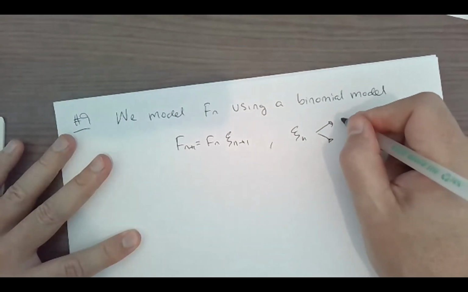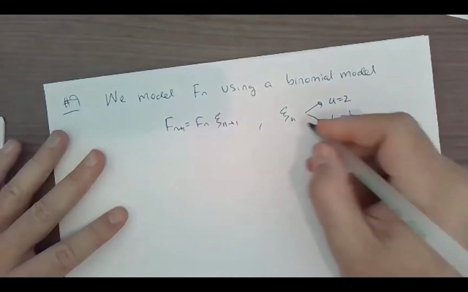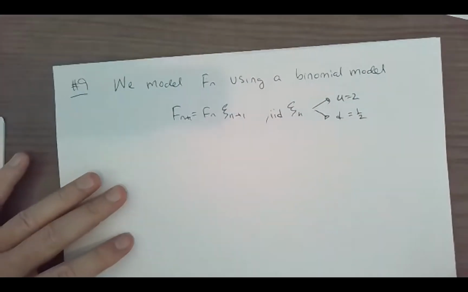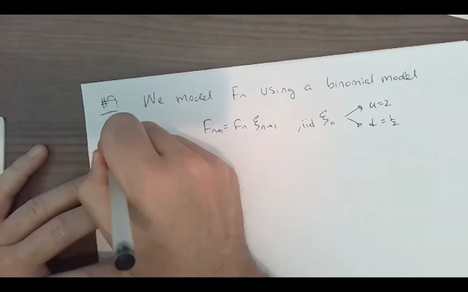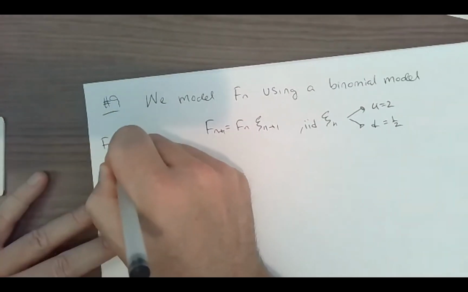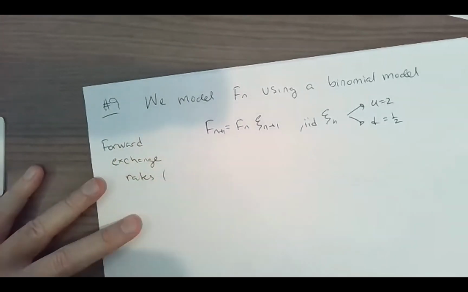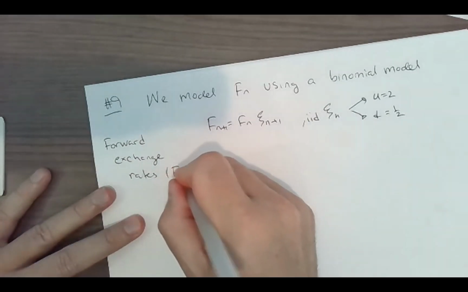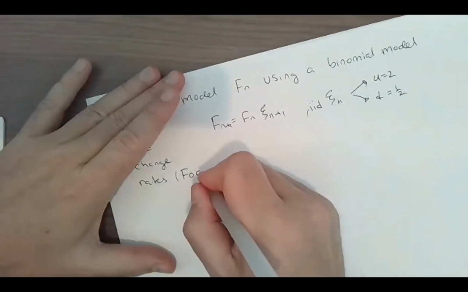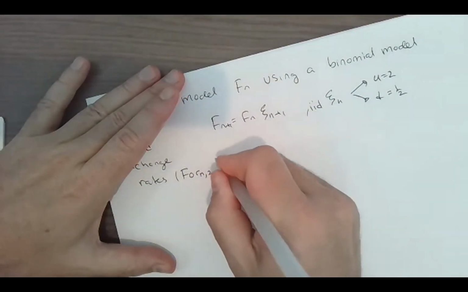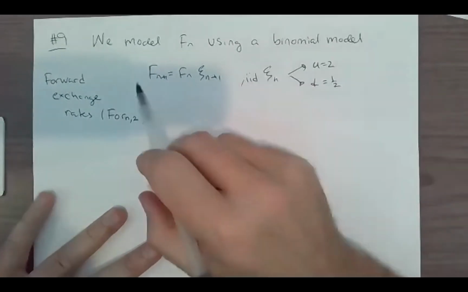It can go up to 2, it can go down to a half, IID. And these ones here are the forward exchange rates. So these would be what we had denoted before by F0N. And this is a 2-period model, so this is N equals 2. This is what we used before. In this particular problem, they just called it F.